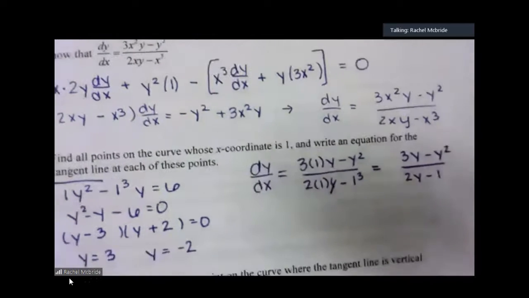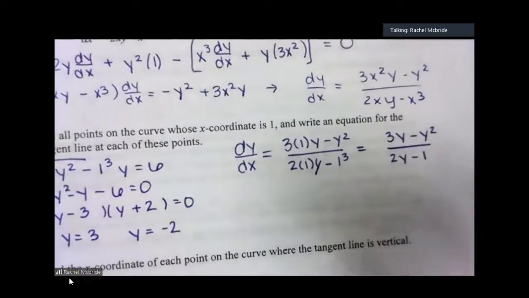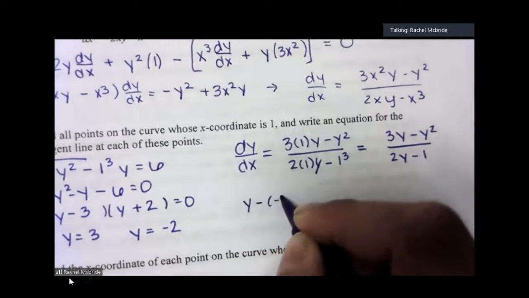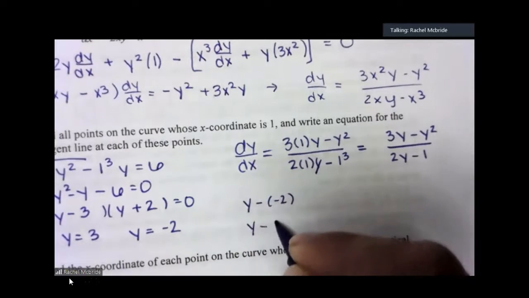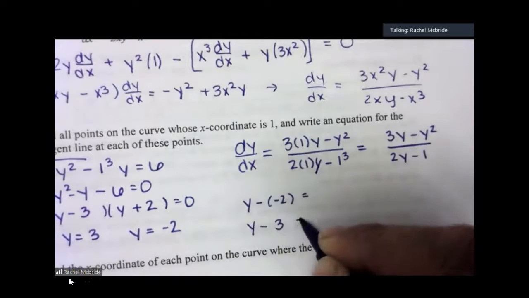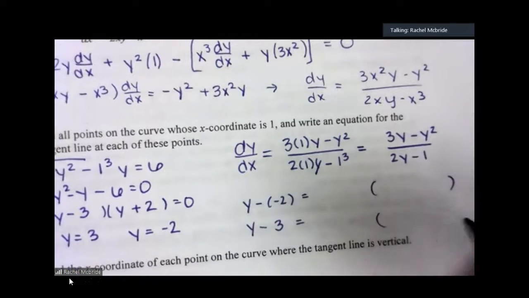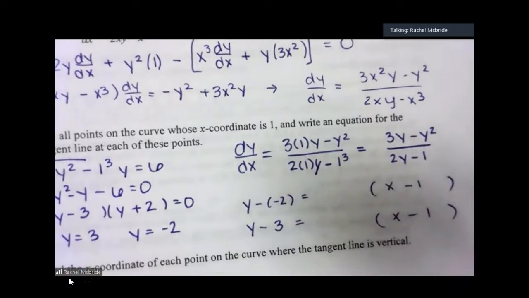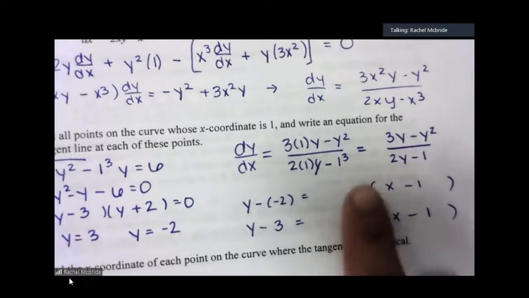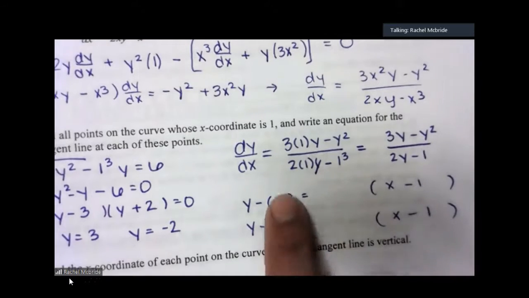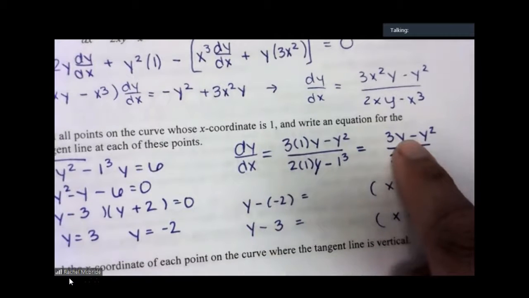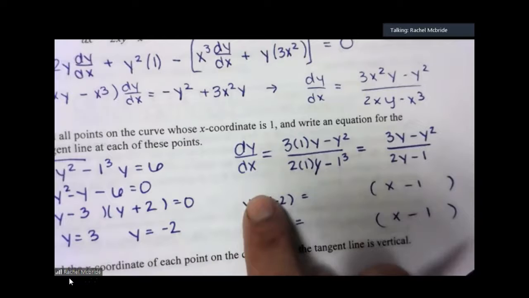And now what I need to do is I have two tangent lines. I have the tangent line where y minus negative 2 and where I have y minus 3. I need the slope for each. Both times it's x minus 1. The slope is going to change depending on the y value because this is affected by y. So I'm going to plug in negative 2 and get a slope.